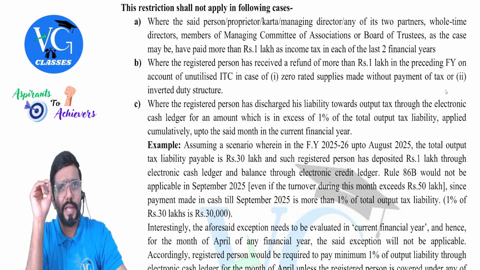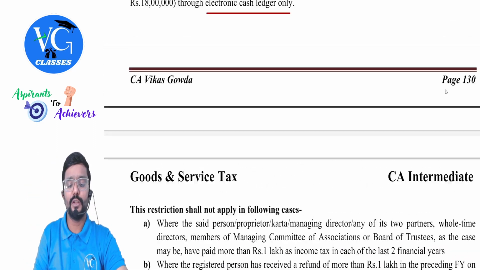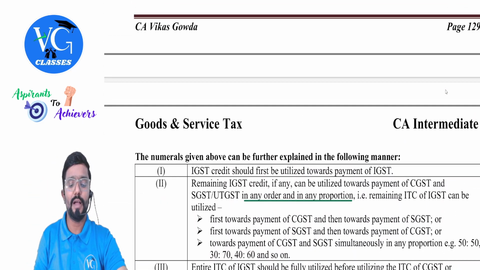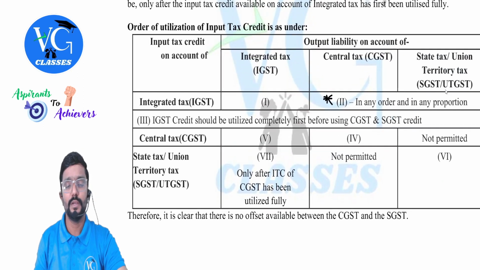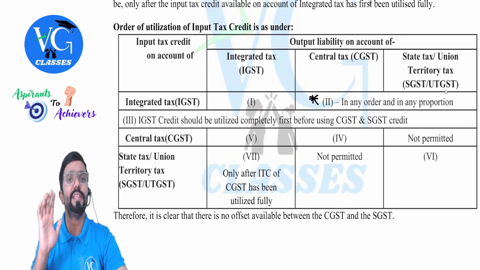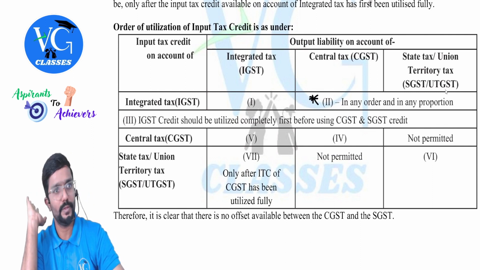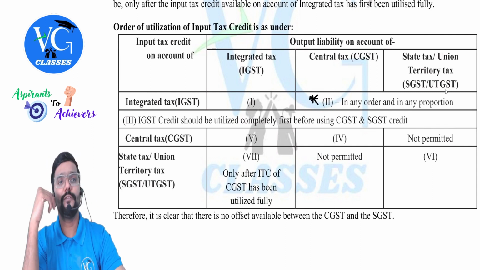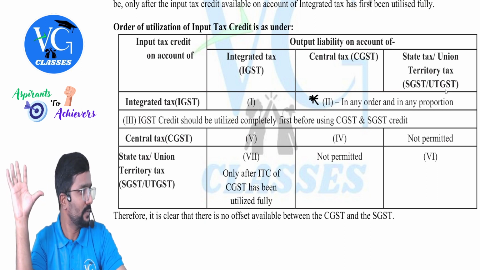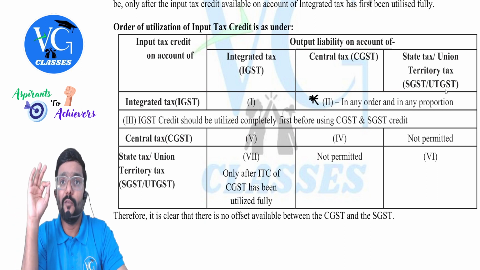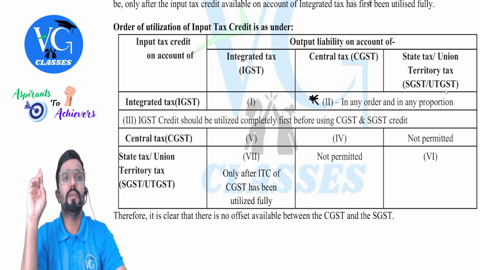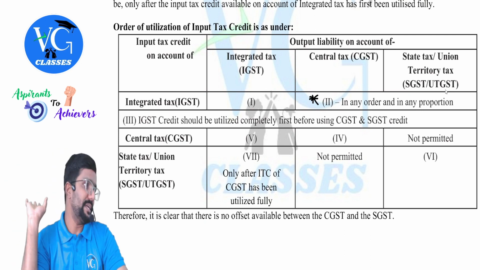Okay. Hope you understood. I repeat, when they give you a question on adjustment of ITC like this, they will not mix Rule 86B in this question. Is that clear? Because that becomes more complicated. If they want to ask any question on Rule 86B, they ask it separately.